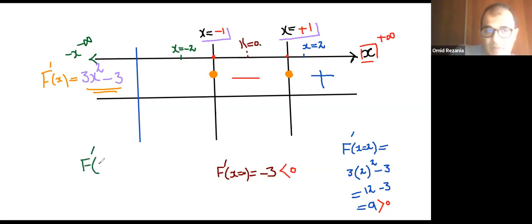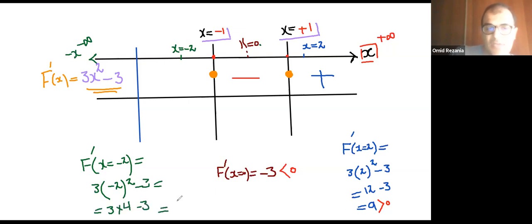Then f prime of x at -2 equals what? Equals 3 times (-2) to the power 2 minus 3, equals 3 times 4 minus 3, equals, again, +9. You see that? Which is, again, a positive number.